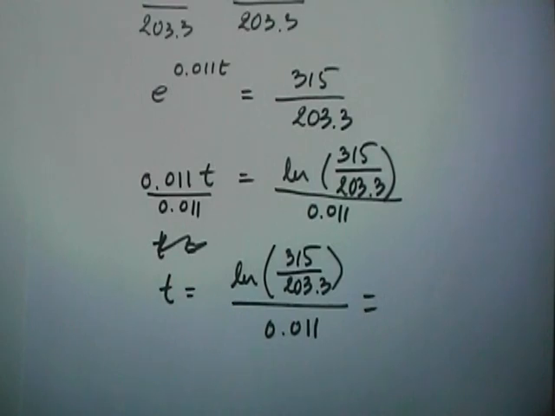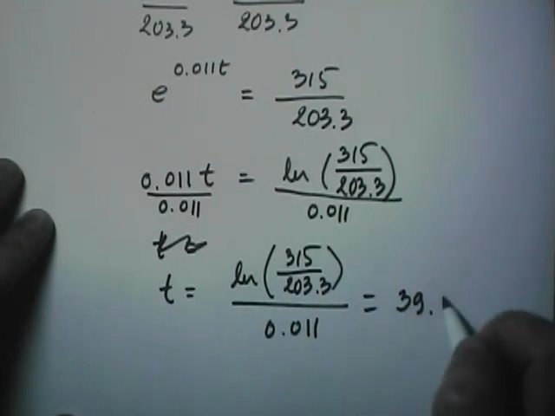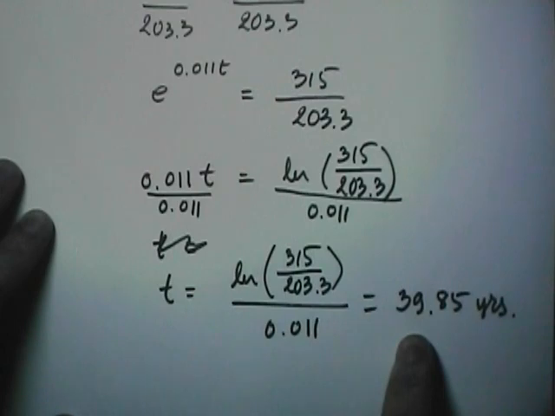We have 315 divided by 203.3, and then taking the natural log, and divided by 0.011, and that gives me 39.85 years.